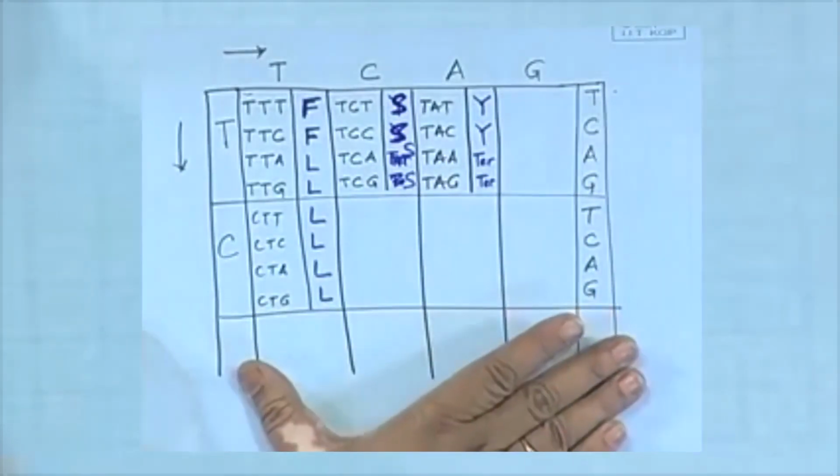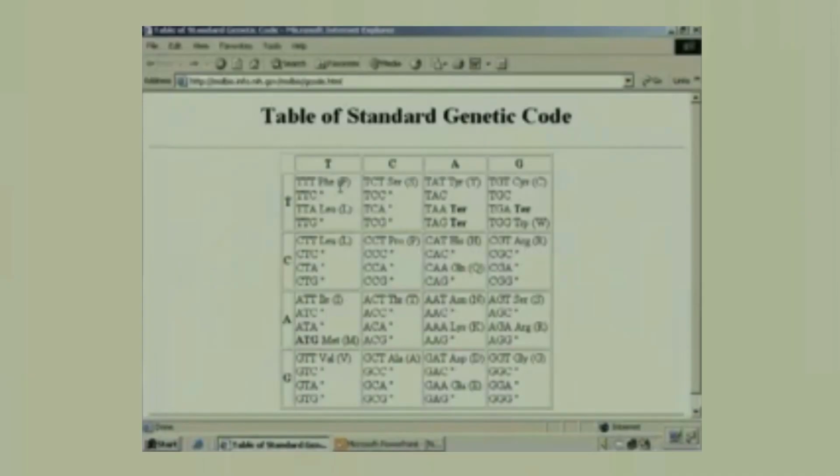They will code for 20 amino acids. We have an initiation codon and we have a terminal codon. So, if we go back to what we have here, I got this from the internet. You have this coding for phenylalanine, this for leucine, and so on and so forth.